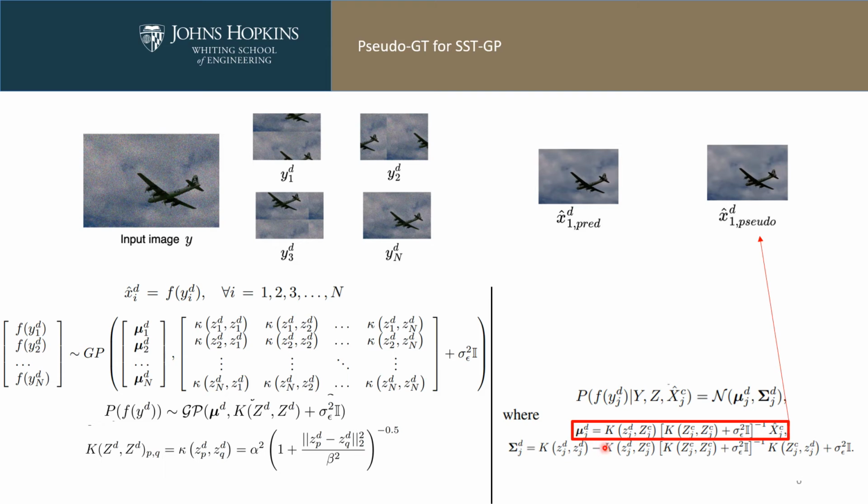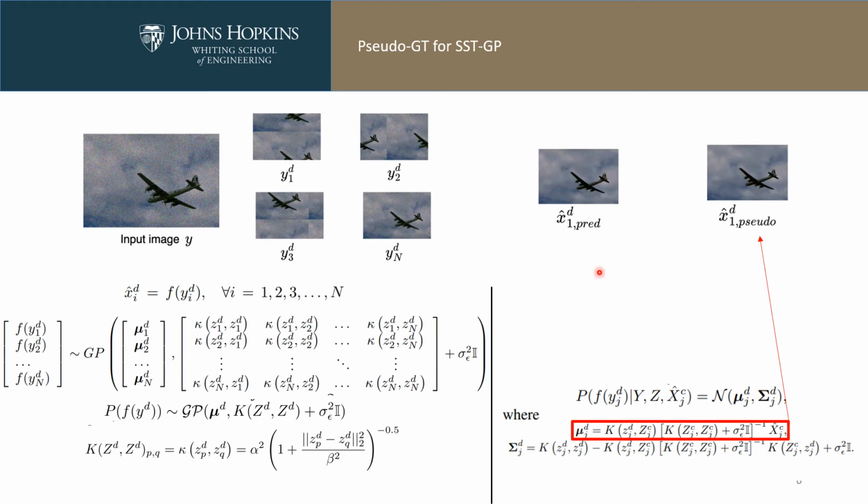We can use this mean prediction for the given downsampled image and use this as a pseudo-ground truth generated by the Gaussian process.